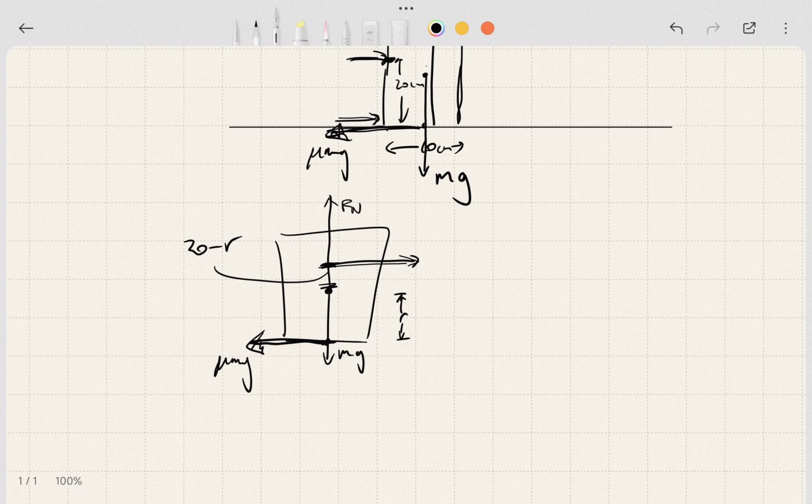So let's say if this force is below the center of mass, what would happen is, okay. In terms of the torques, it would be the same torque, no matter what it is.